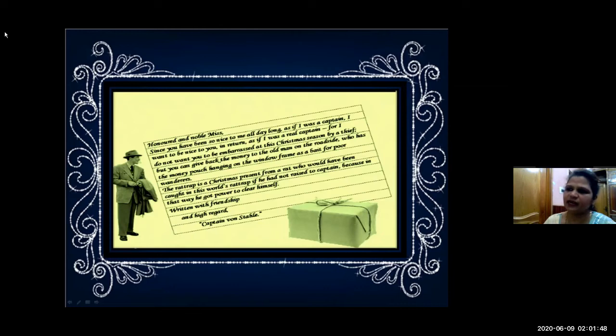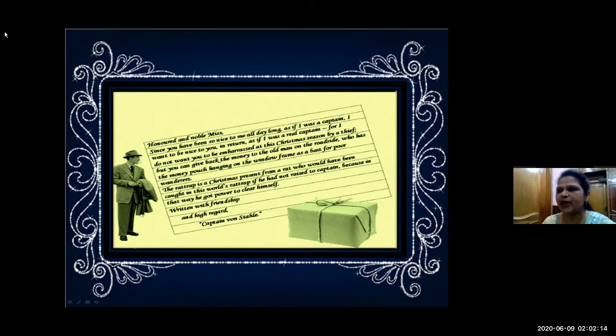In the letter it was written, honored and noble miss, since you have been so nice to me all day long, as if I was a captain, I want to be nice to you in return, as if I was a real captain. For I do not want you to be embarrassed at this Christmas season by a thief.